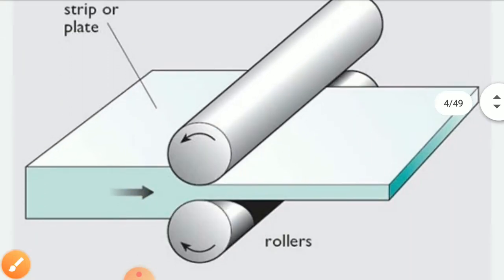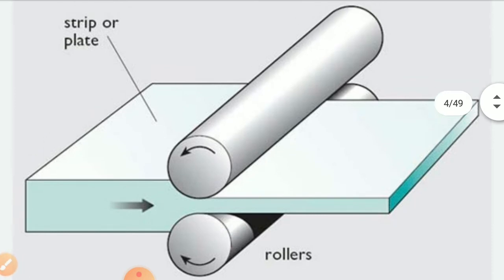Now look at this diagram. So here you can understand what is rolling process. So here we are having two rollers. If the number of rollers is more, then that kind of rolling is also a rolling process only, but that will have some different name like planetary rolling or mill rolling, like that.